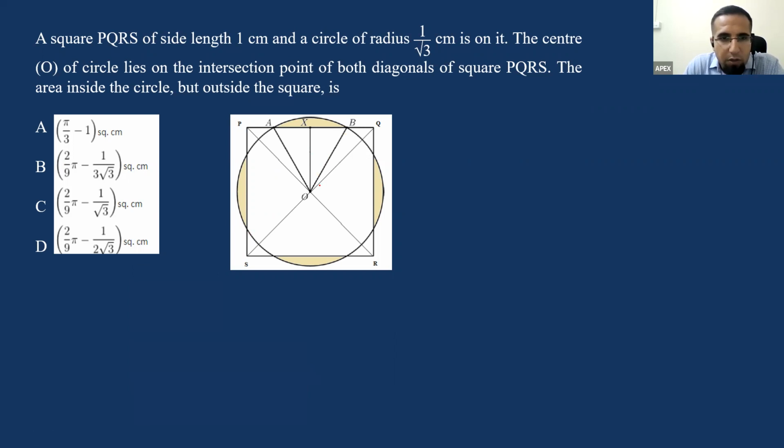If this side is 1, this figure was also given for your understanding. The radius is 1 by root 3. So I can say from here that OB is equal to 1 by root 3. And I can say OA is also equal to 1 by root 3, which means can I say that OAB is an isosceles triangle?